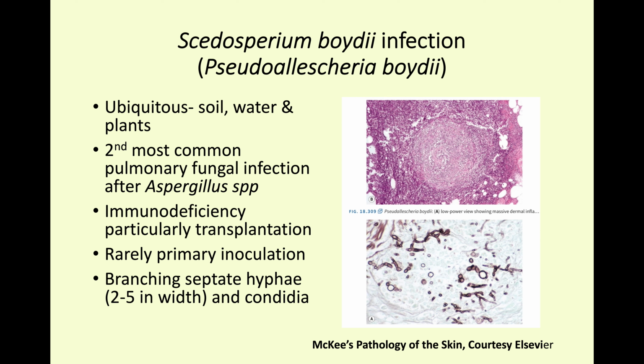And I couldn't find my cases of Pseudallescheria, but I've copied one from my book, and this is obviously courtesy of Elsevier. They're very, very similar to Fusariosis, and one can only make a positive diagnosis after culture.